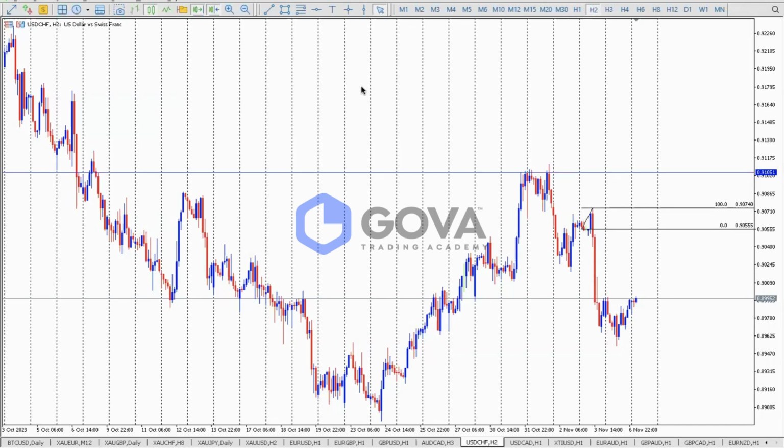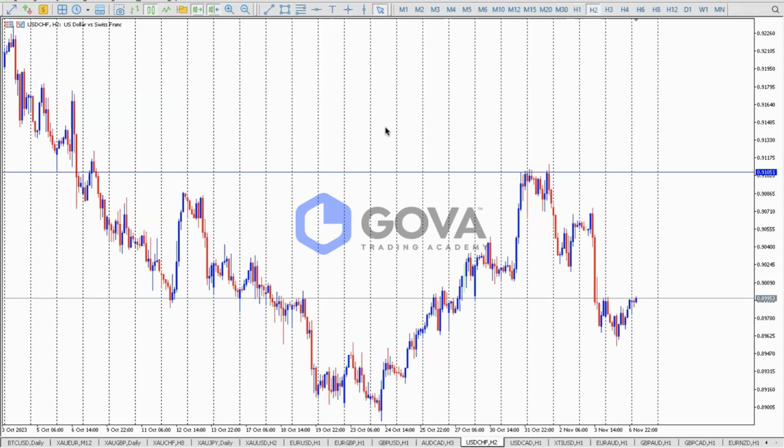You can mark out the zone like this. This is the zone. Sometimes the zone might have a hidden trap. For example, now this is the zone.